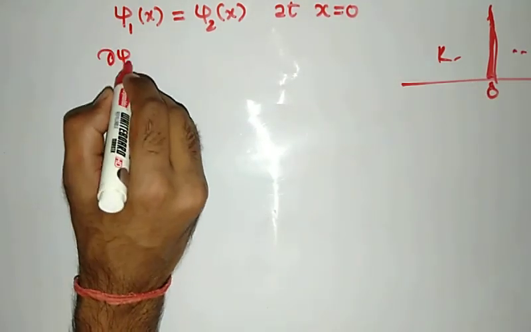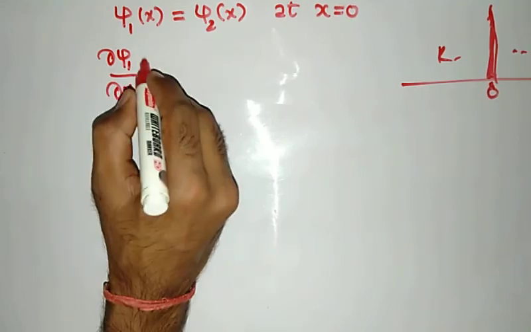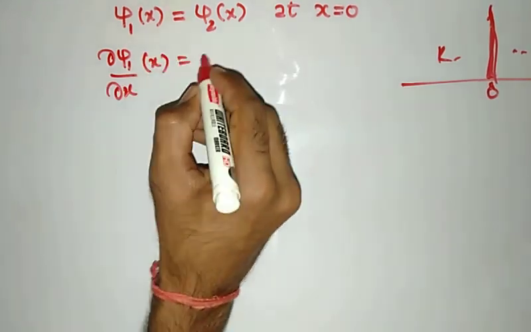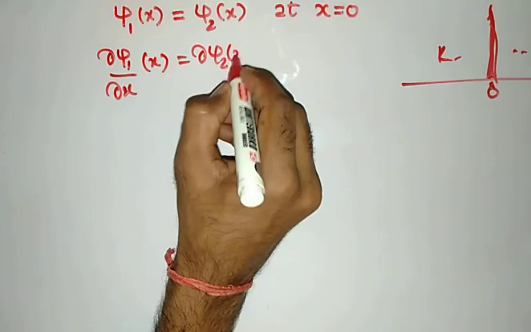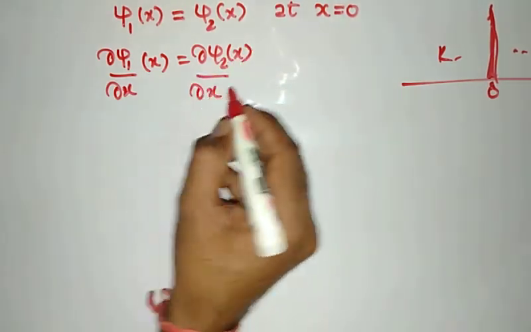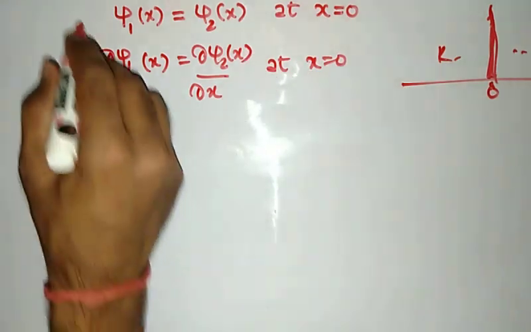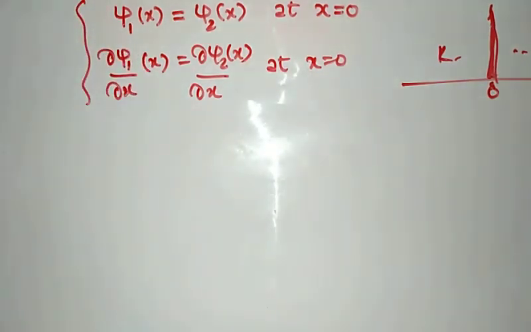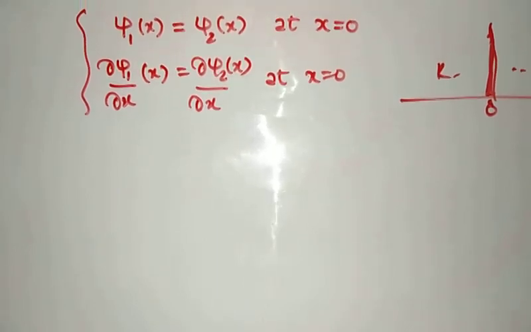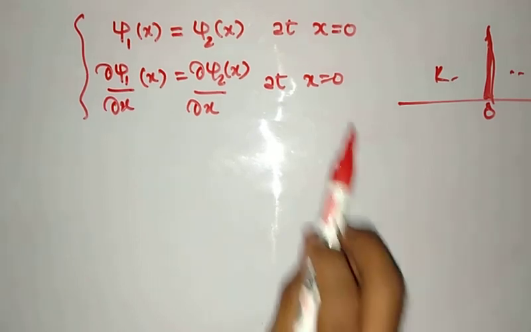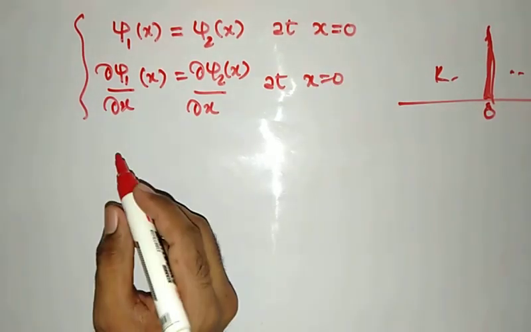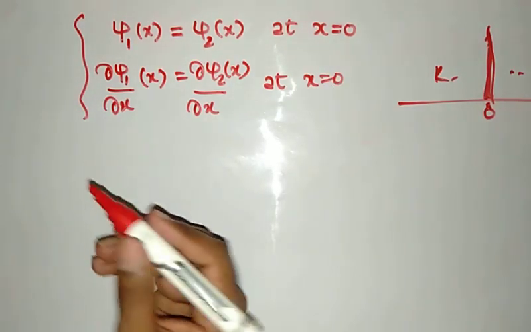Also its derivative is also continuous at x is equal to 0. So using these relations, boundary conditions, using the property of the wave function over x, we will find the relation between A, B and C.